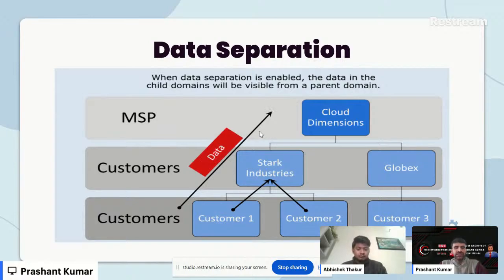Now, under process separation, it becomes the reverse. Suppose you have created a business rule in customer one.